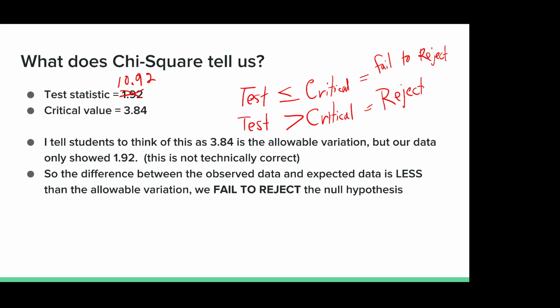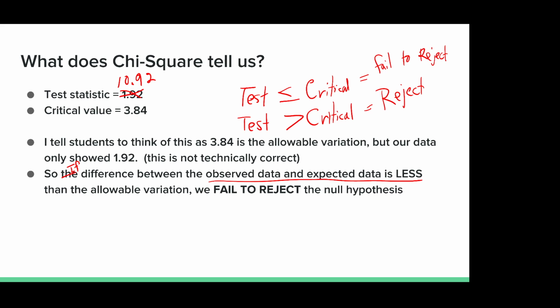And for that purpose, we should reject the null hypothesis, because the null hypothesis tells us that we're getting what we expected, that the observed values are not different than the expected values. So if the difference between the observed data and expected data is less than the allowable variation, well, we fail to reject the null hypothesis.